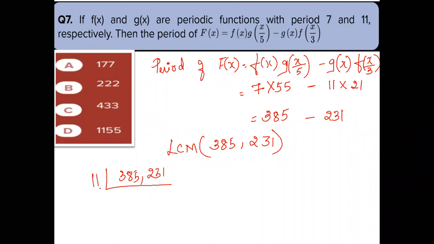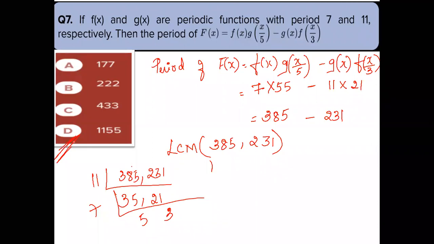You can take out 11: 385 is 11 times 35, and 231 is 11 times 21. Then take out 7 again. So the LCM is 11 into 7, which is 77, and 77 into 5 into 3. Yes, Athiya has got the answer, that is 1155. So the correct option is 1155.